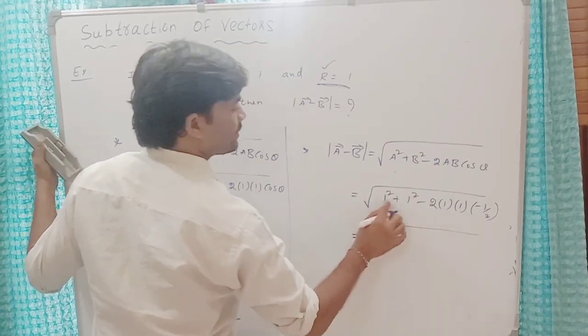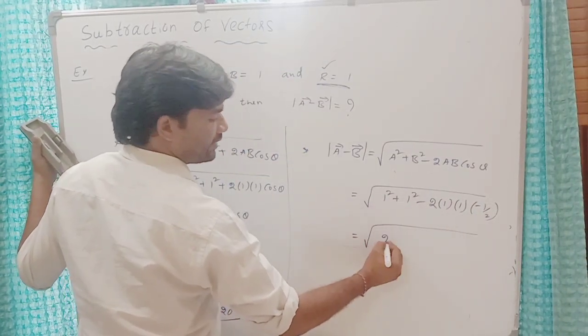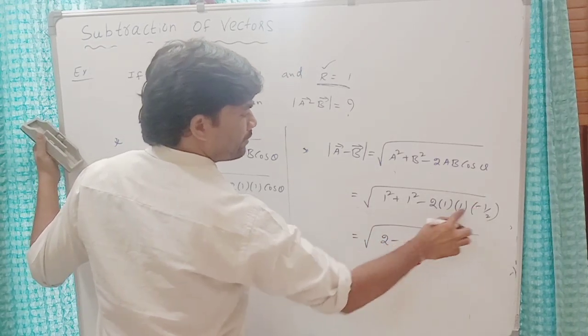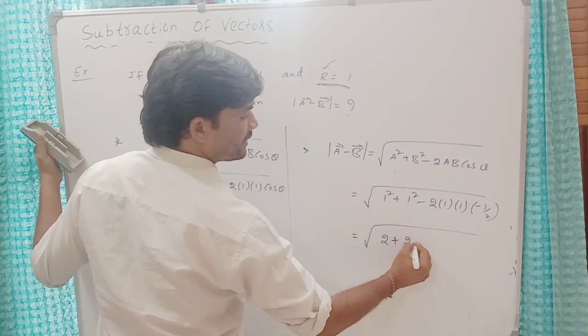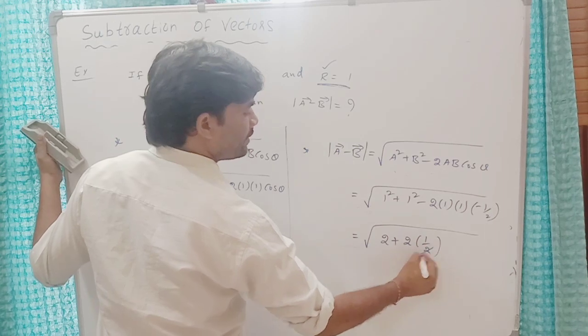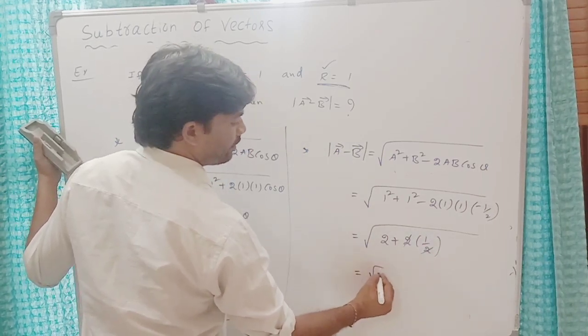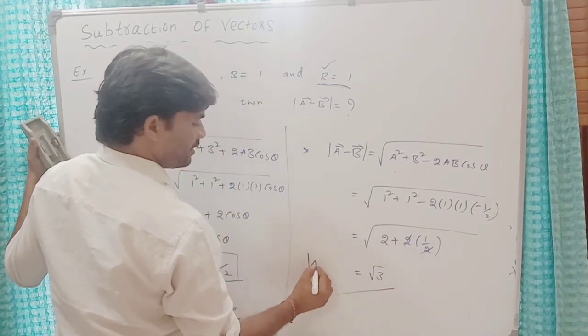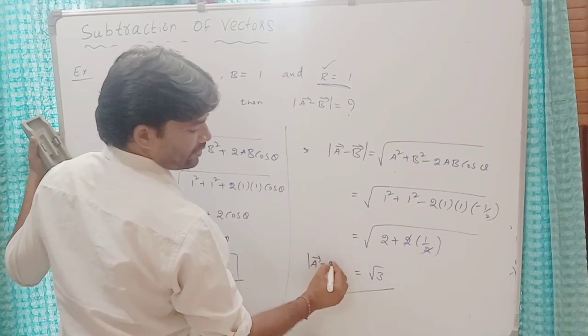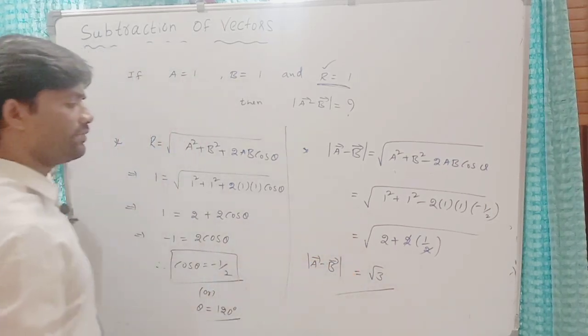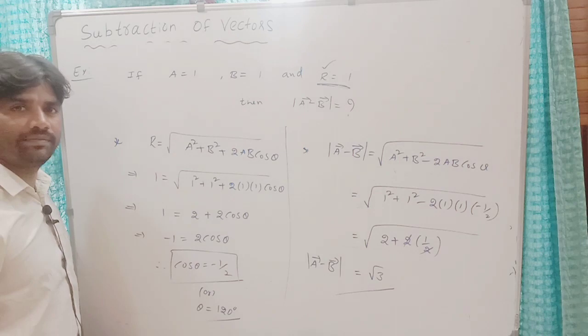Under root, 1 square plus 1 square is 2. Minus of minus is plus, this is 2 times 1 by 2. This cancels, and it is equal to root 3. That is the magnitude of the difference of two unit vectors.